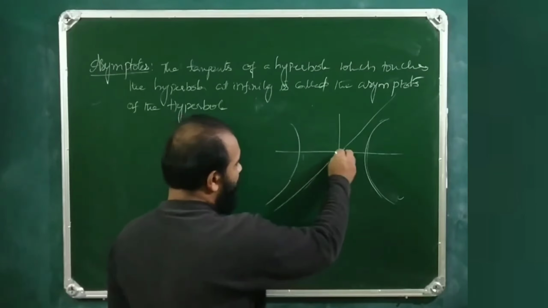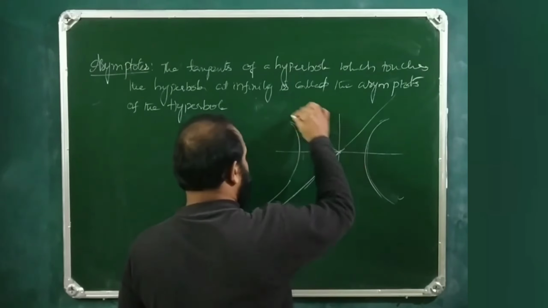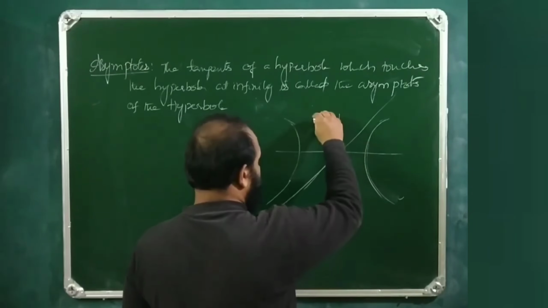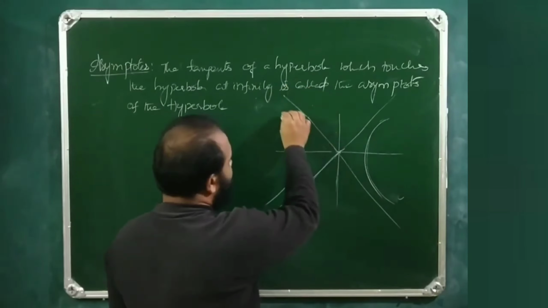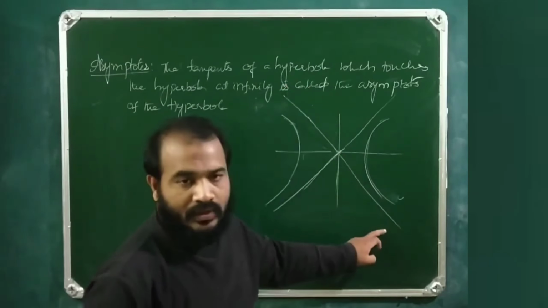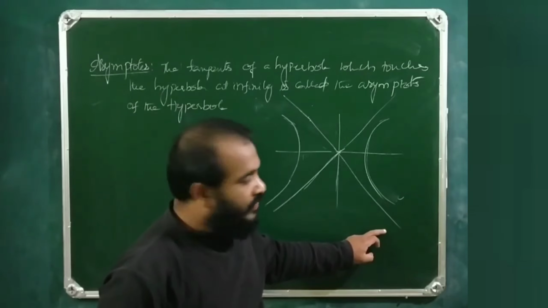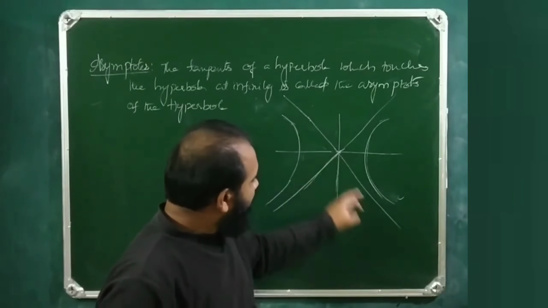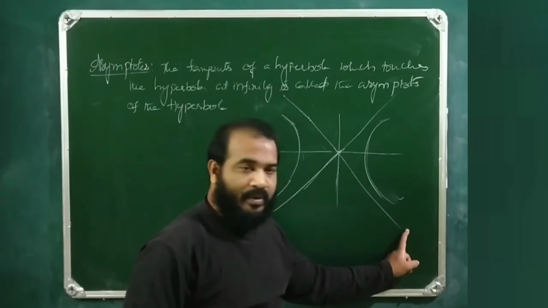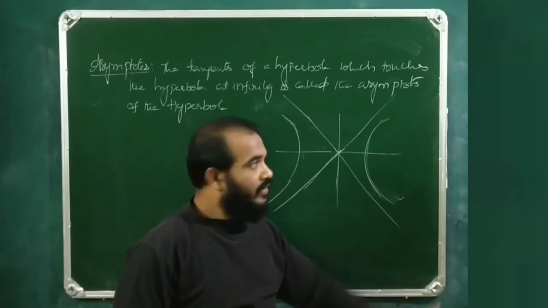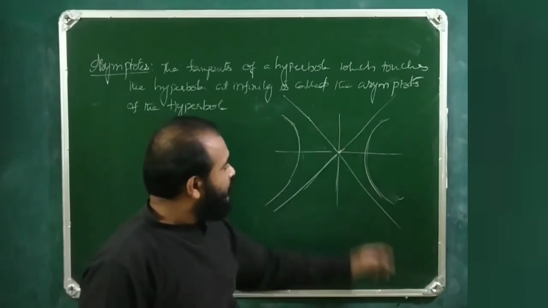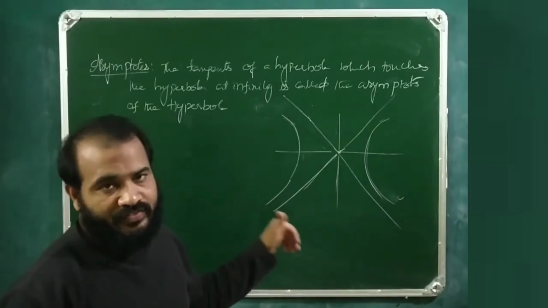The same thing is here also. So this is also an asymptote, and this asymptote touches this hyperbola at one point which is at infinity. So these two lines are said to be the asymptotes.